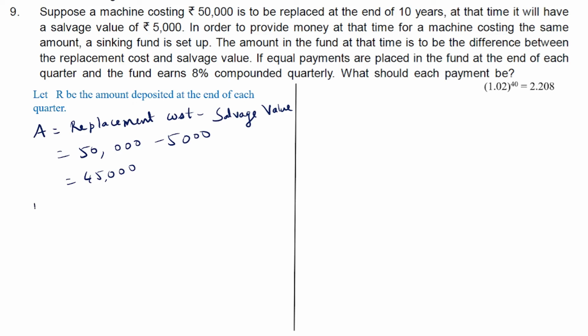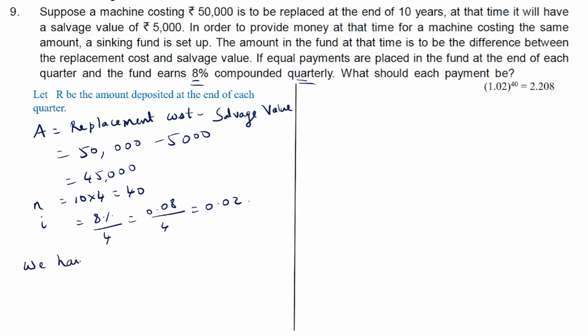And then we have the number of payments that should be made. We need the machine to be replaced at the end of 10 years and the payments are made at the end of each quarter. So N is 10 into 4, 40. And I, interest, is 8% compounded quarterly. So I is 8% by 4. It is 0.08 by 4, which is 0.02.